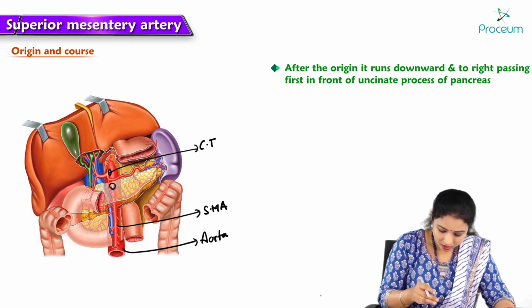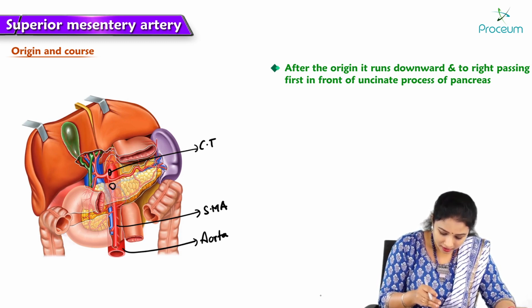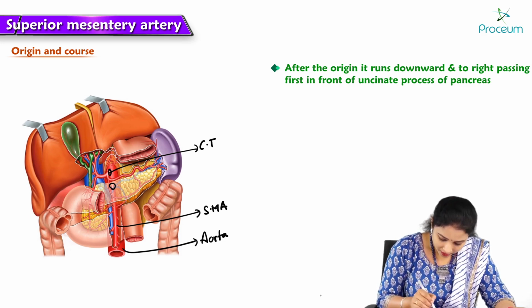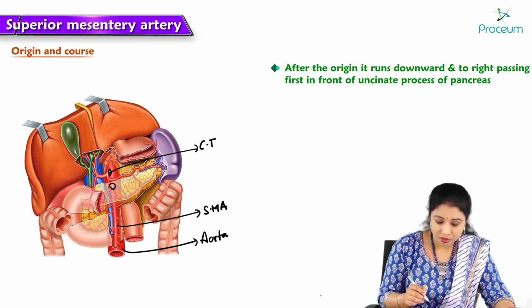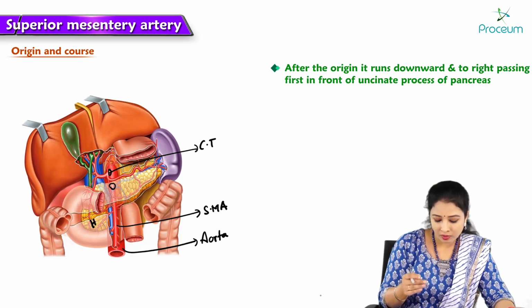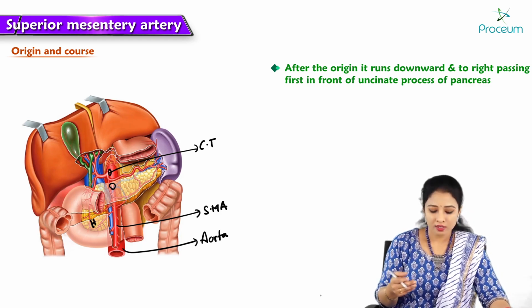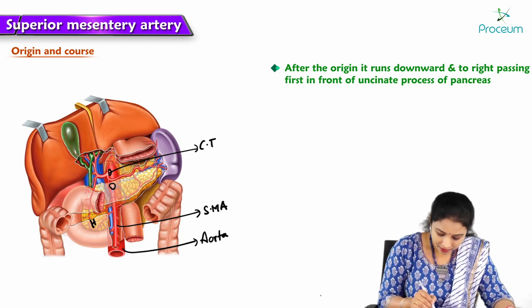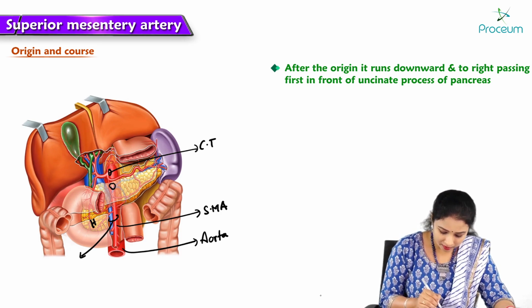It originates just behind the body of the pancreas, and we can see it further runs in front of the uncinate process of the pancreas. So this is the head of the pancreas, and the uncinate process you cannot see because it lies posterior to the superior mesenteric vessels. Along with the artery, the vein here is the superior mesenteric vein. So these together are the superior mesenteric vessels.